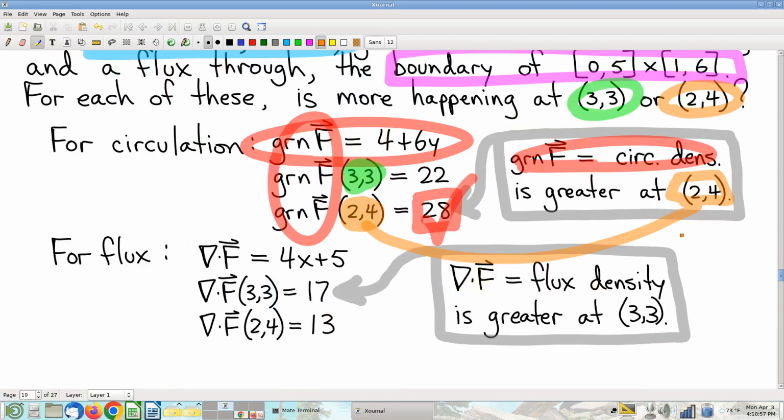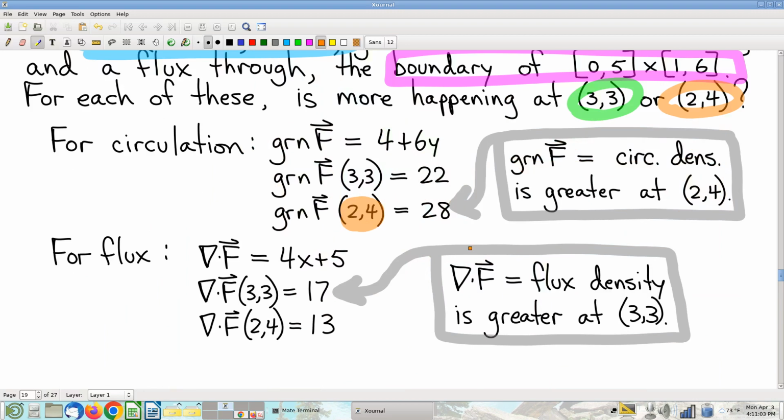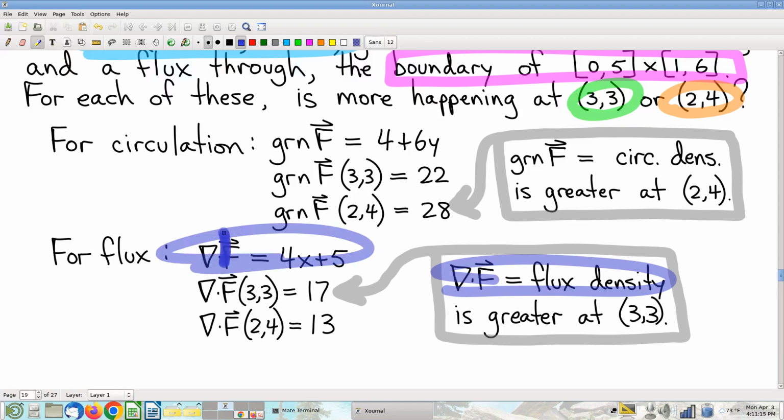Okay. Likewise, where is there more flux happening? Well, divergence tells you how much flux is happening where. Divergence is flux density. There's your divergence. We're going to compute that divergence at the green point and at the orange point.